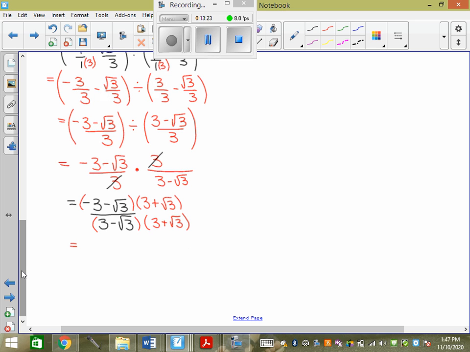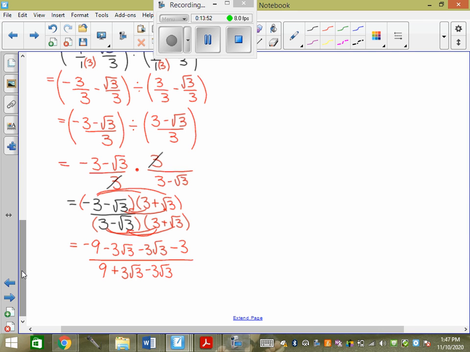So when I do it to the top, I get negative 9. Minus 3 times root 3 is minus 3 root 3. Minus 3 times root 3 is minus 3 root 3. And then negative root 3 times root 3 is minus 3. All over 3 times 3, which is 9. 3 times root 3 is 3 root 3. 3 times negative root 3 is negative 3 root 3.